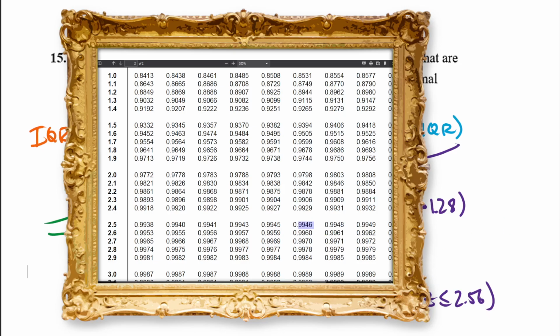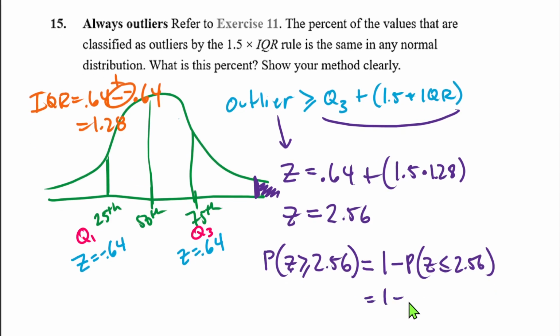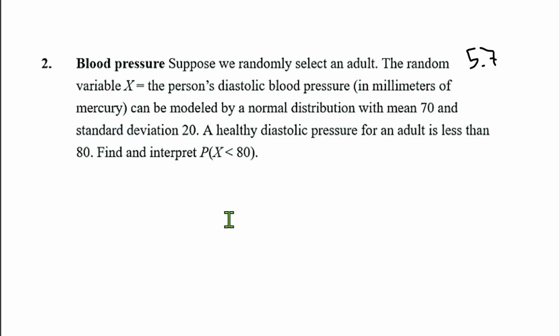So this would be 1 minus 0.9946, which is 0.0054, which is approximately 0.5%, about half of 1%. So about half of 1% of values are outliers in a normal distribution. Fascinating. Nothing else can compare to the excitement of that previous problem.